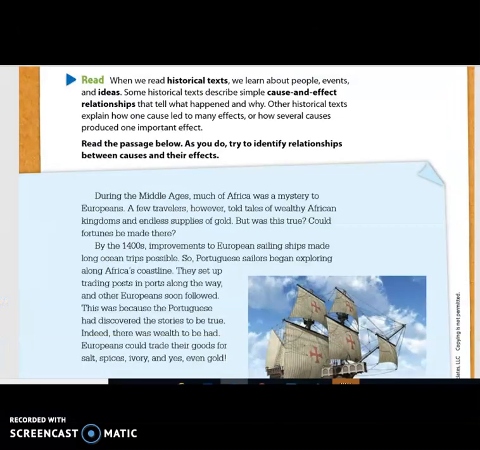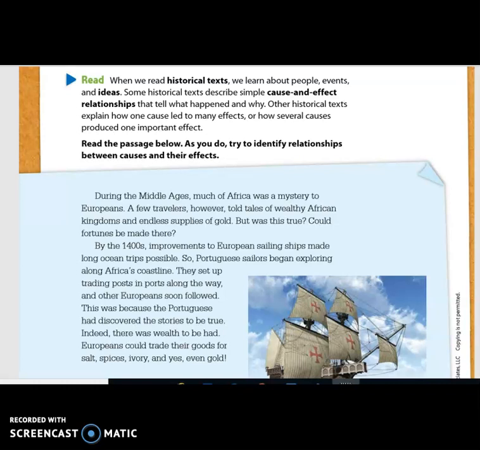Okay, so now that we have read the text, I do want to go over what cause and effect relationships are. The cause pretty much tells why something happened. I'll give you an example. James went to the store to buy groceries. So our question is, why did James go to the store?